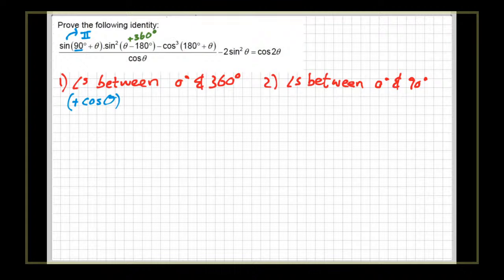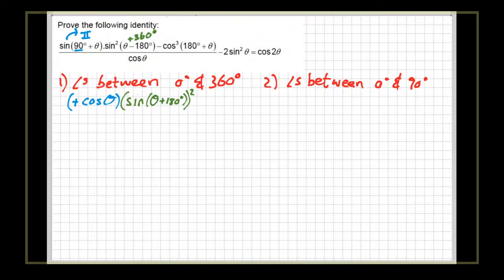So sin of theta, negative 180 plus 360 is plus 180 degrees. And I put my square outside. The reason I put my square outside is so that I don't forget that no matter what is inside the bracket, I've got to square it.